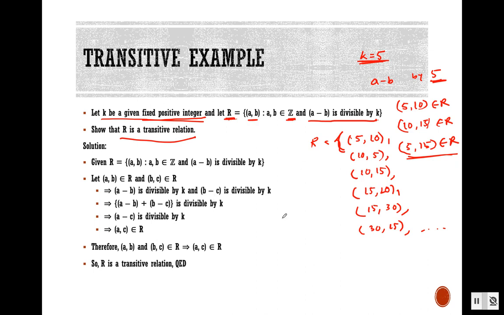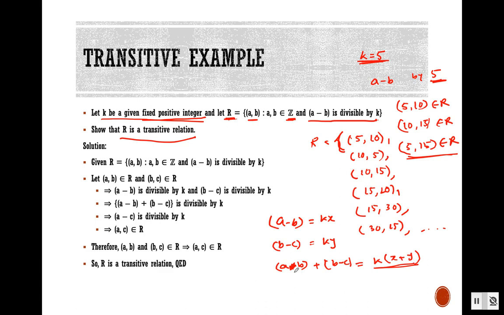Assume a minus b is kx, where x is any number, and b minus c equals ky. Now if we add them, a minus b plus b minus c is going to be k(x plus y), which is also divisible by k.